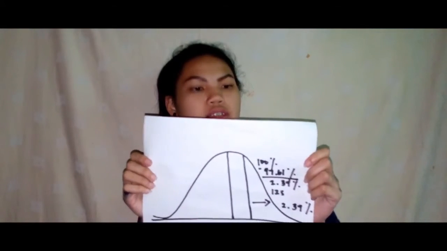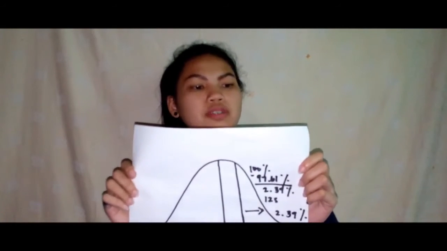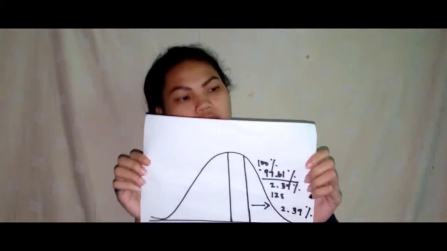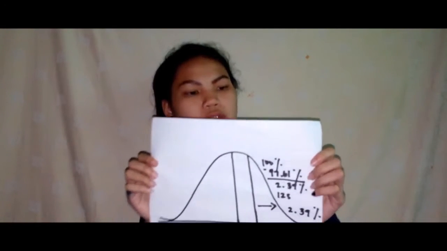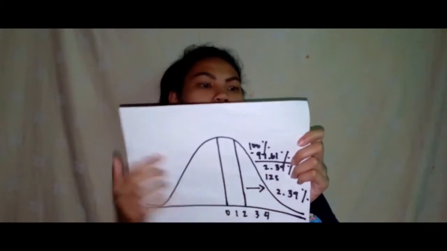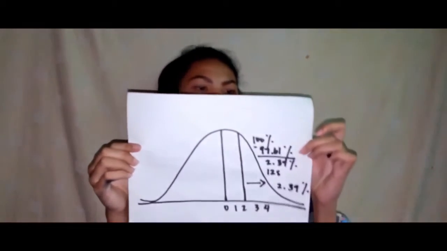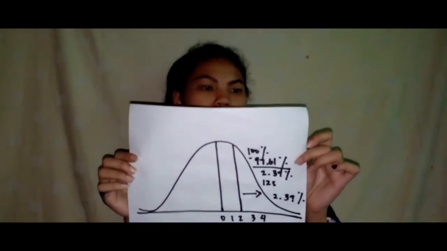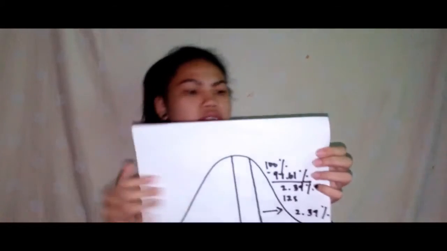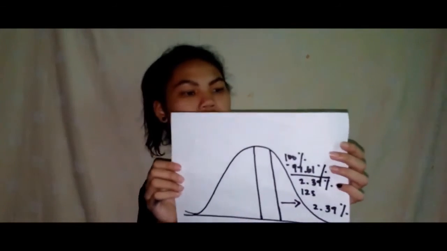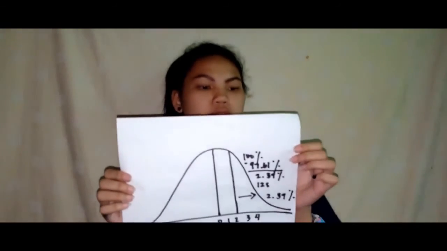The entire area contains 100% of scores, and to figure out the area above, the area below an observation of 125 contains 97.61% of scores. If I subtract those, we get 2.39%. So now this area contains 2.39% of all scores.